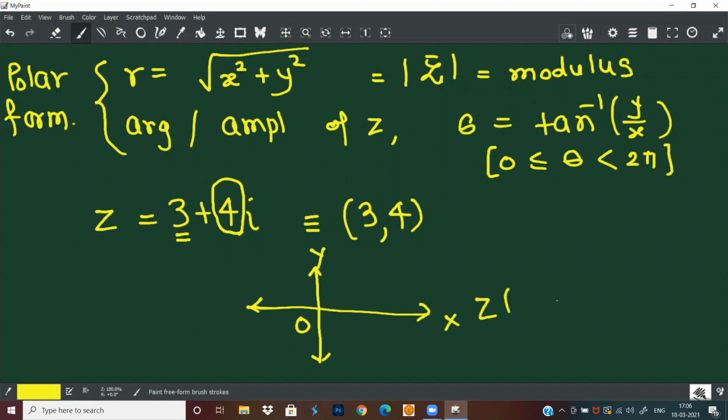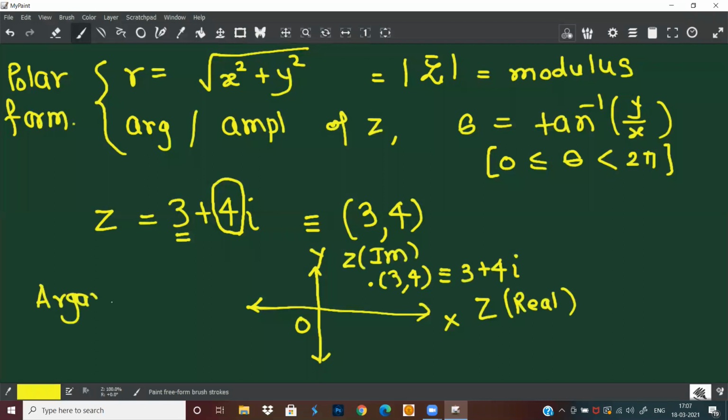This is z real, this is z imaginary. Now here is the point 3 comma 4, which corresponds to 3 plus 4i. You understand how to show it? This is called the Argand diagram, the representation of the complex number in the xy plane. Is that very clear? That is the first part.